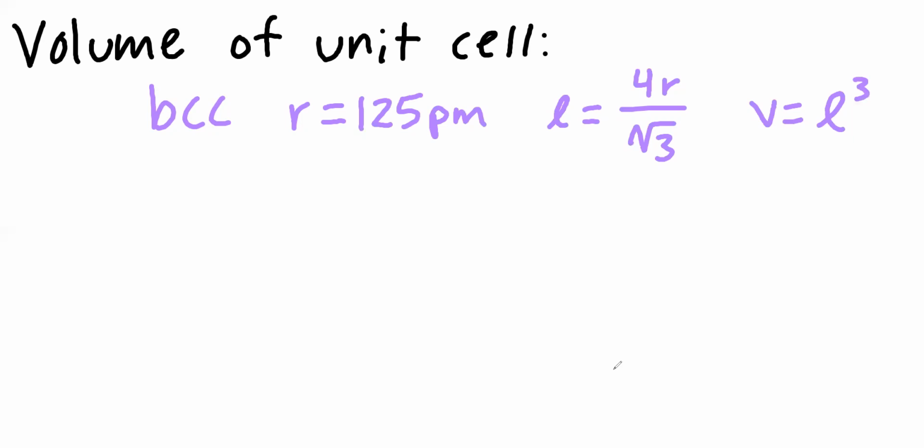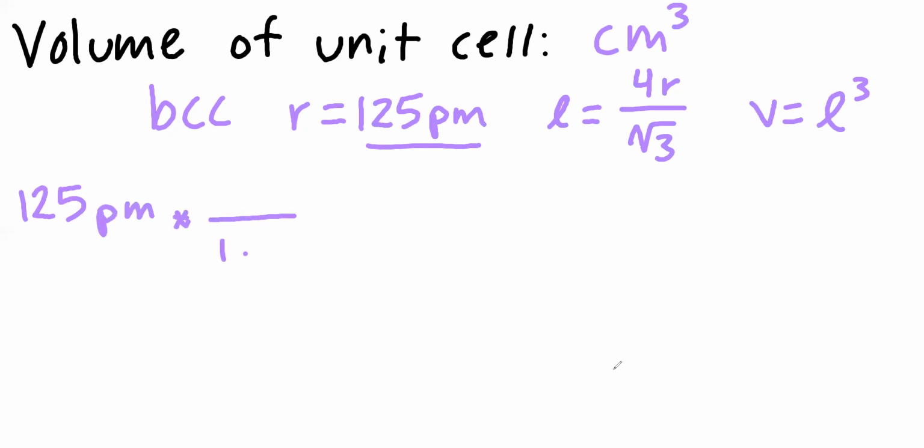We need to find the volume of the unit cell in cubic centimeters. And the units we're in right now are picometers. It will save you a lot of trouble if you convert out of picometers into centimeters first. So here, it's 10 to the minus 12 meters.